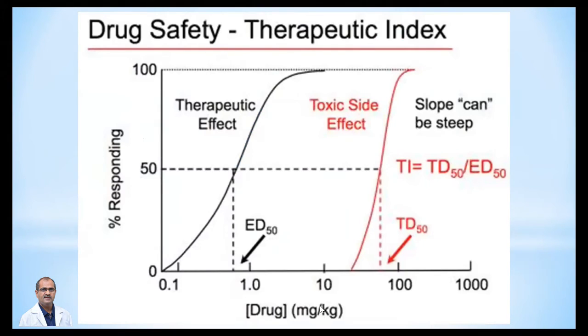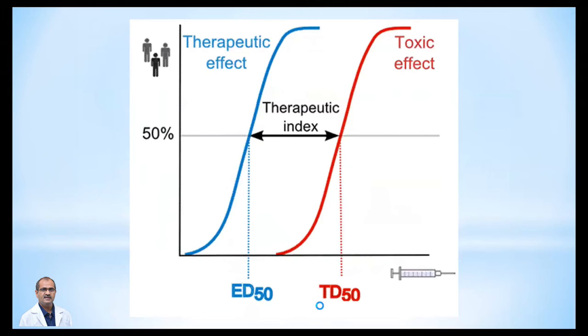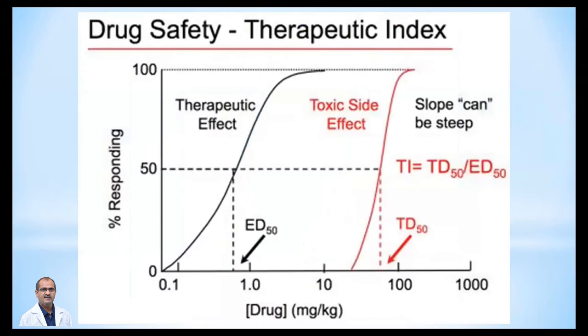You need not take it in the log dose. Here also it is the dose and response, a simple dose response curve. Then the therapeutic effect will be obtained by giving any of the drug starting from 0.1 to 1000 milligram. So here we can get the effective dose 50, and at the higher dose we will get toxic dose 50.